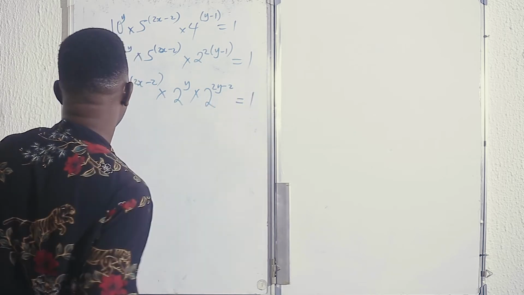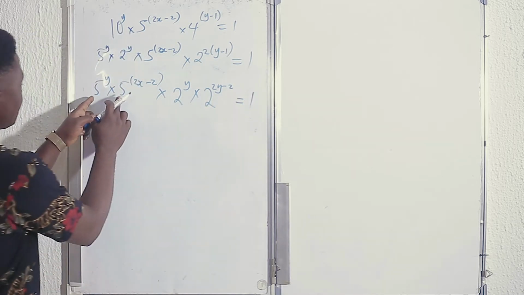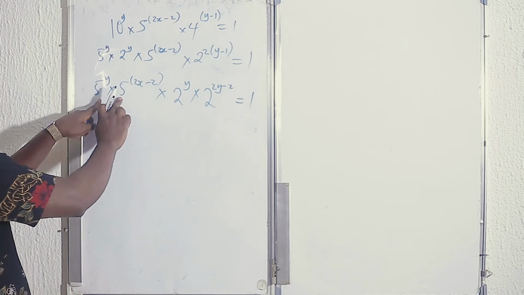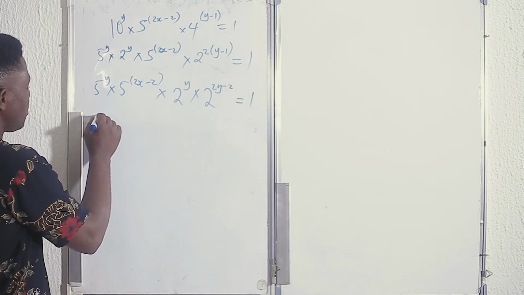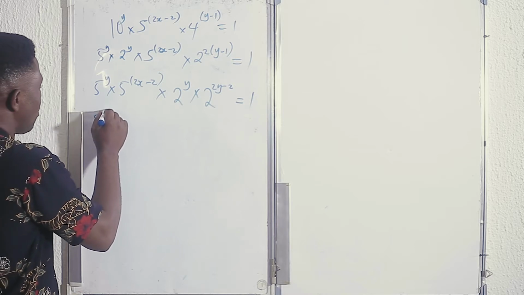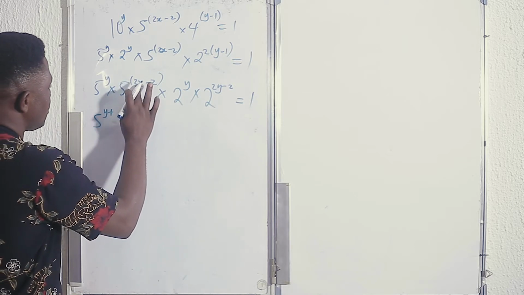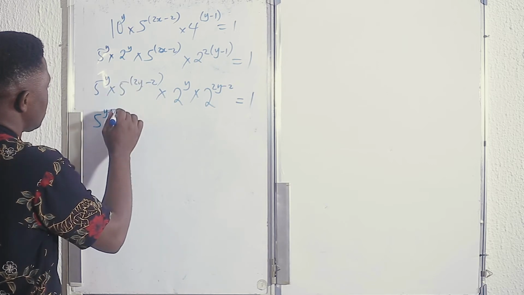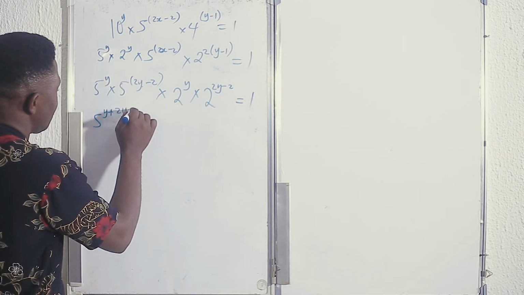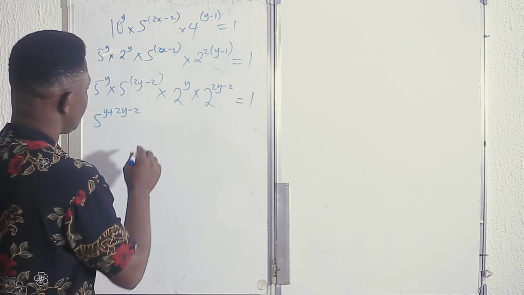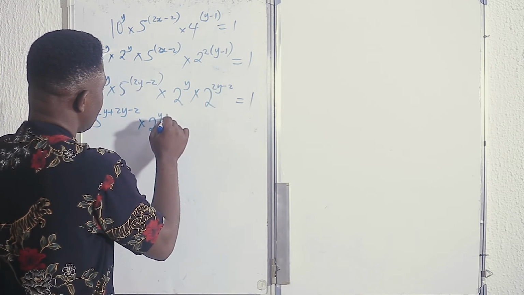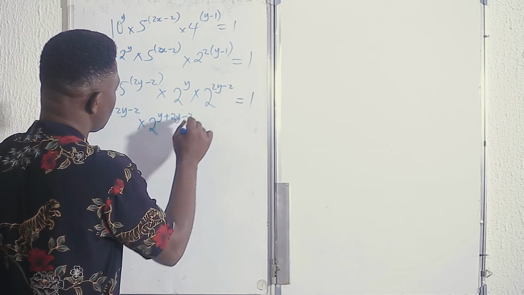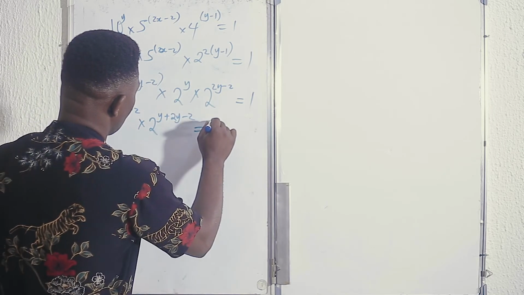Everything equal to 1. Because they have the same base, you can add the indices. So this becomes 5 all raised to the power y plus 2y minus 2, times 2 to the power y plus 2y minus 2, everything equal to 1.